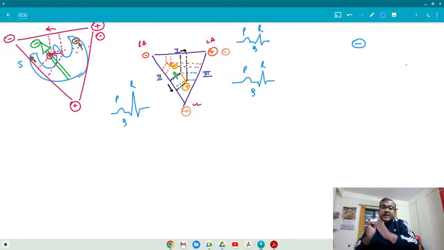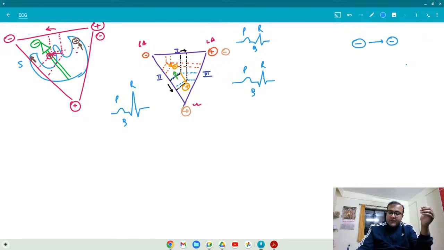But when there is repolarization, it is the opposite: a wave of electronegativity, and negative charge moving towards the negative electrode. So how does the galvanometer work? It deflects in the opposite direction. So negative moving towards negative gives you positive deflection. So all three are going to have positive deflection. Got it?